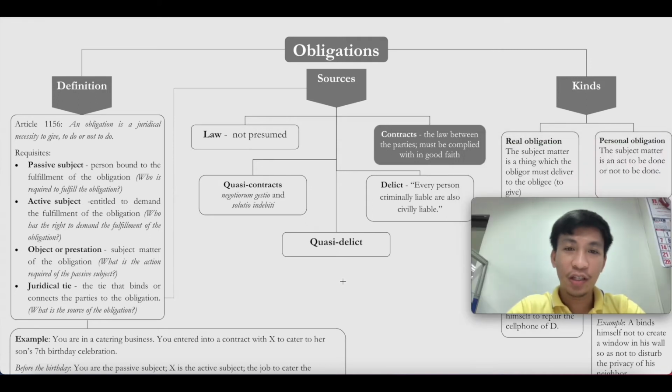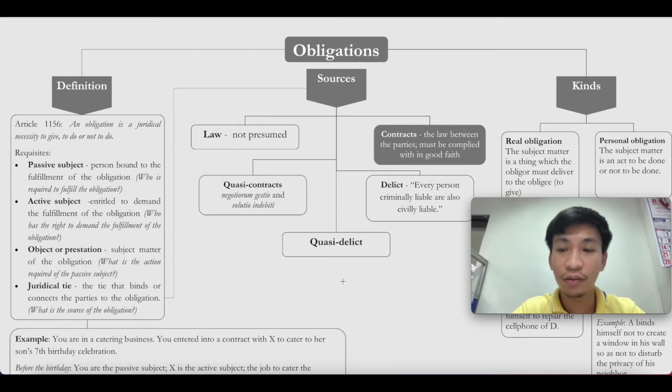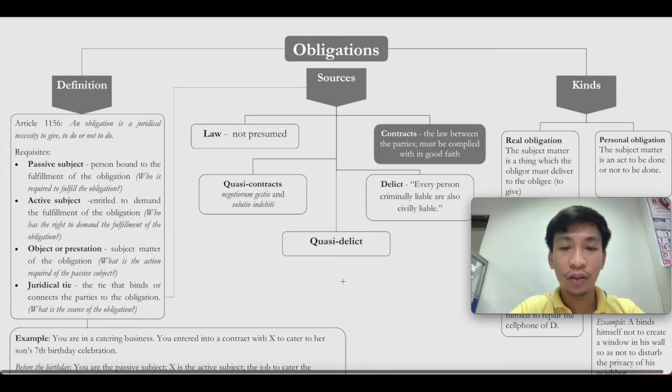Another source of obligations are what we call quasi-contracts. Now, they are quasi-contracts or like contracts. Yun actually yung literal na translation ng quasi-contracts, like contracts. They are like contracts in a sense that they involve two people. But they are not contracts because it is unilateral.